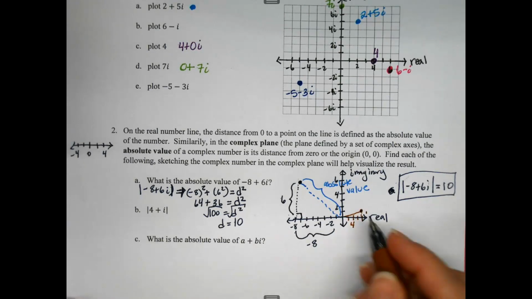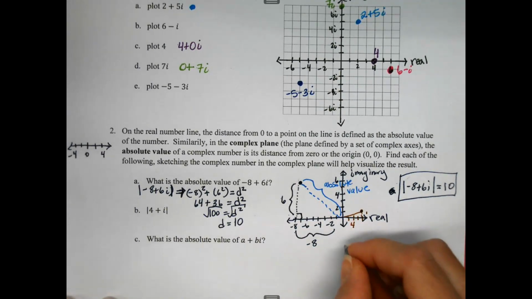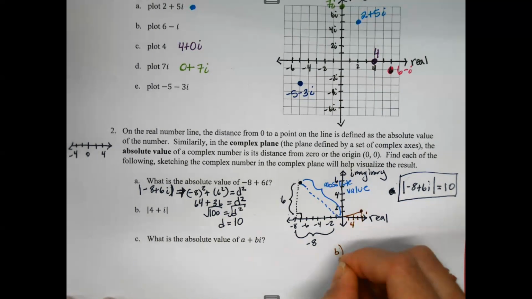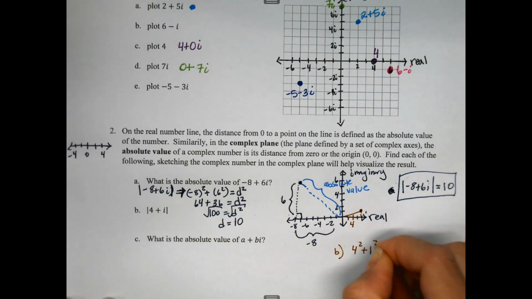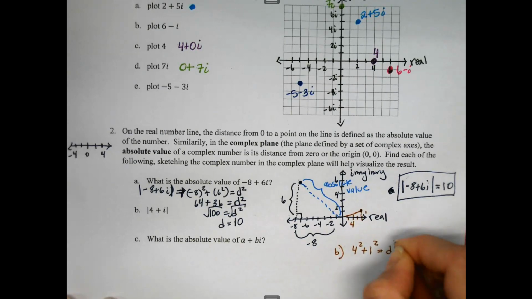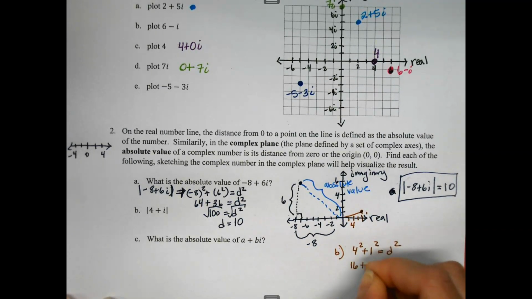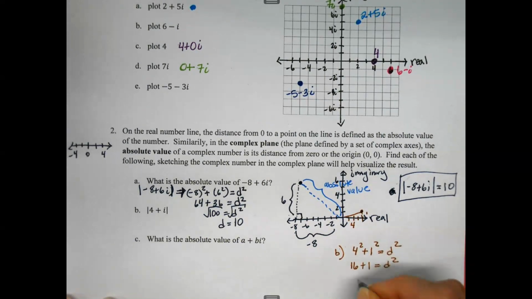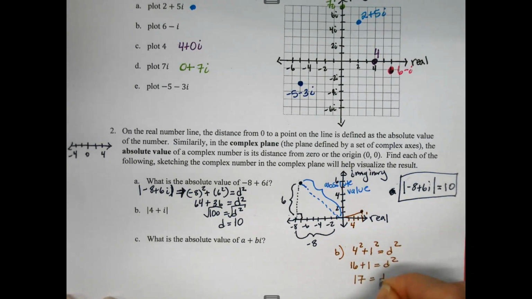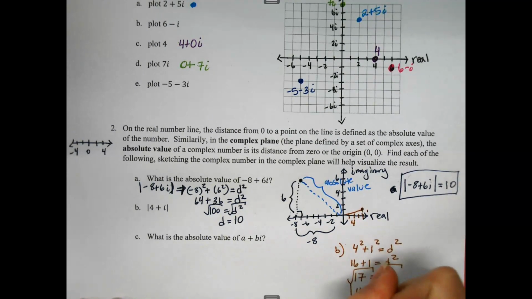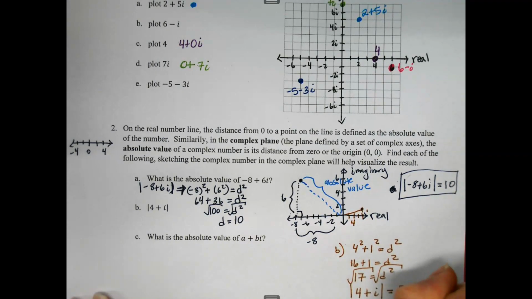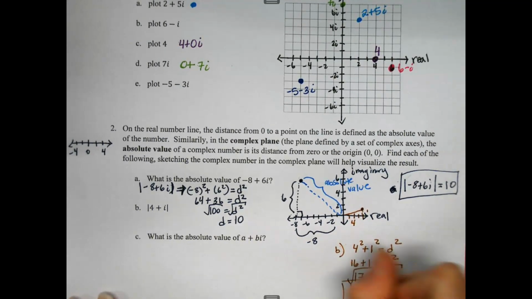And so our distance for B is going to be 4 squared plus 1 squared is equal to d squared, or 16 + 1 equals d squared. And so our distance ends up being the square root of 17, or the absolute value of 4 + i is equal to the square root of 17.